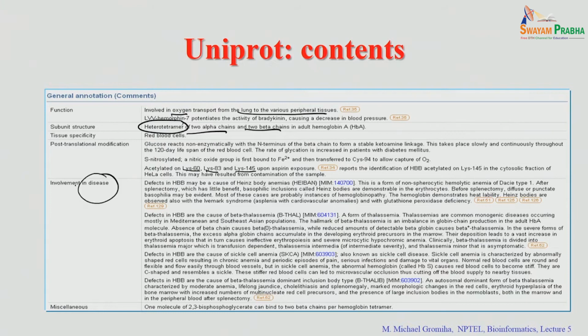You can see it causes different diseases based on mutations. They listed several diseases whose details you can look up in the UniProt database. For example, sickle cell anemia, caused by the mutation at residue 6, glutamic acid to valine. So, they mention all the details about the diseases from this particular protein.